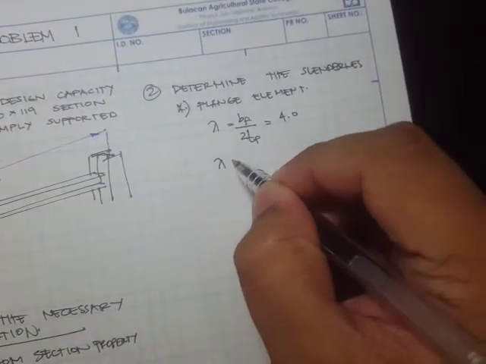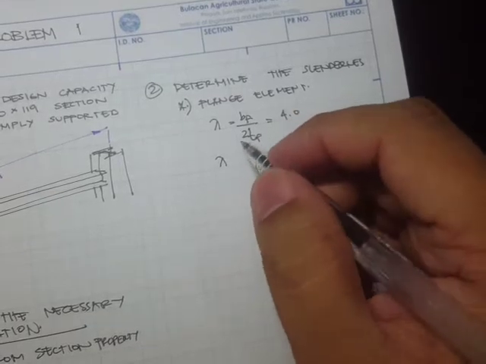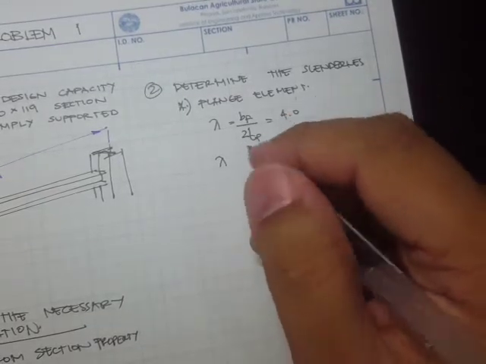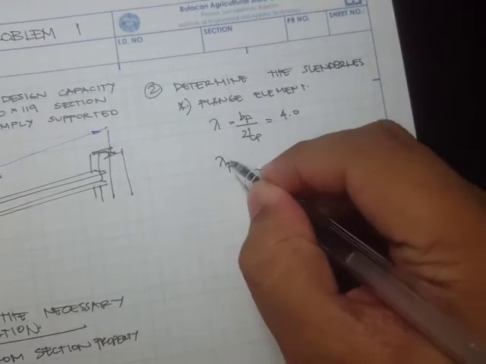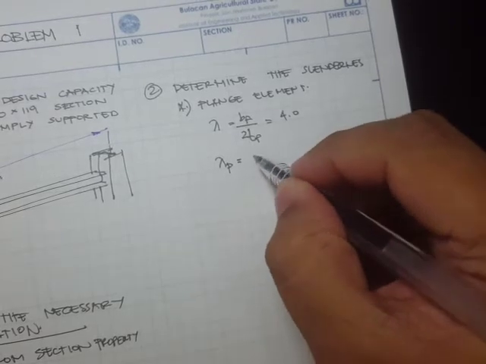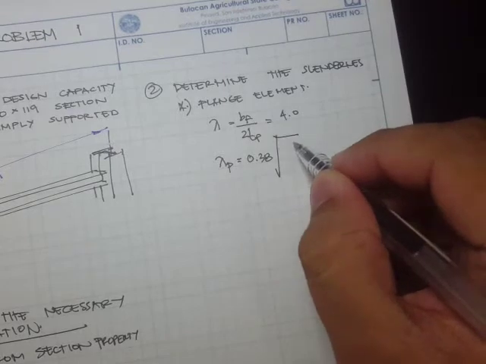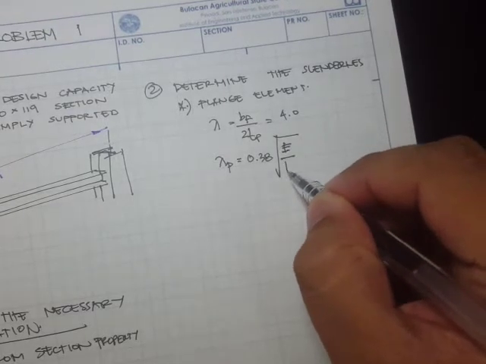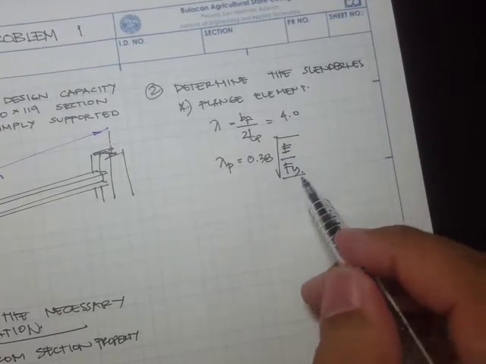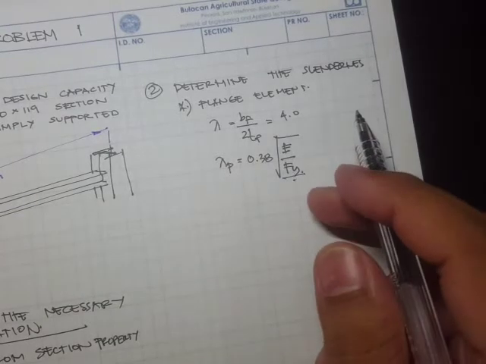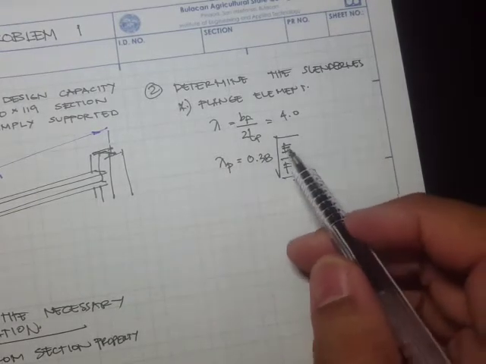And our limiting width to thickness ratio, lambda sub p, is equal to 0.38 square root of E over Fy. For our Fy, that's 250 megapascals, and E is 200,000.